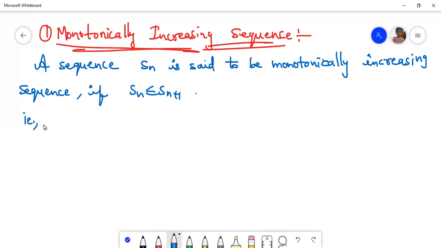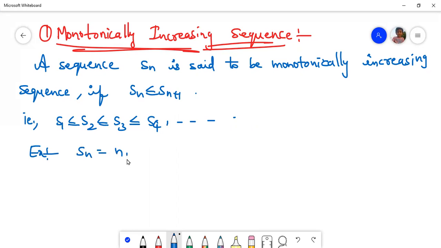That is nothing but S1 is less than or equal to S2 is less than or equal to S3 is less than or equal to S4, and so on. The example of a monotonically increasing sequence is Sn equal to n for all n belongs to Z plus.